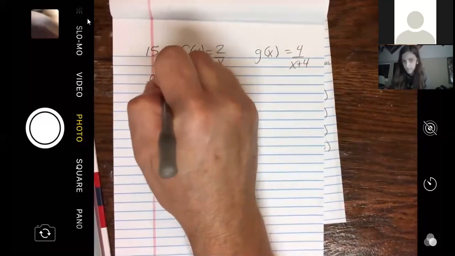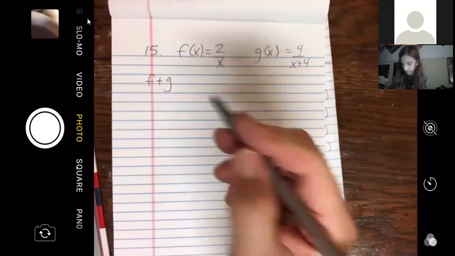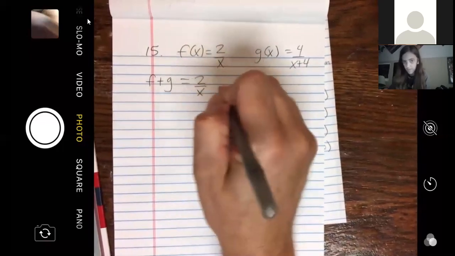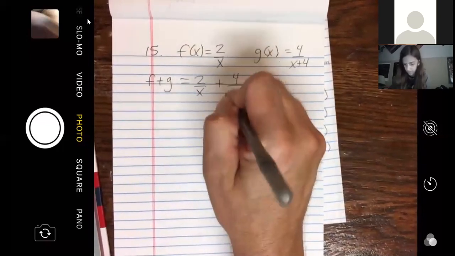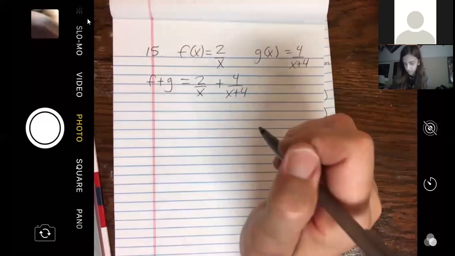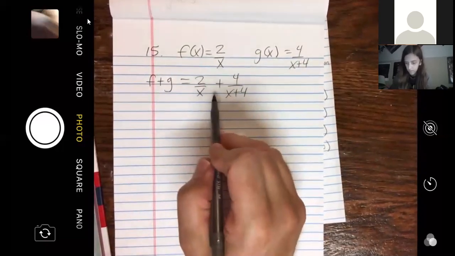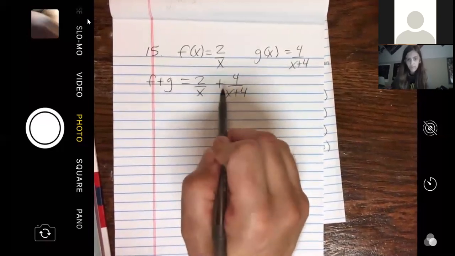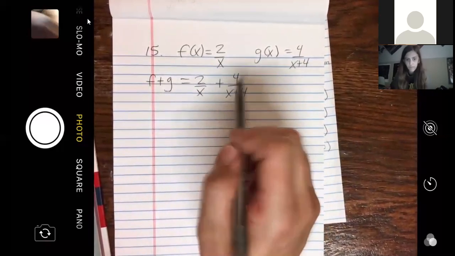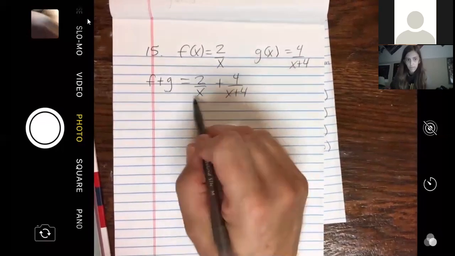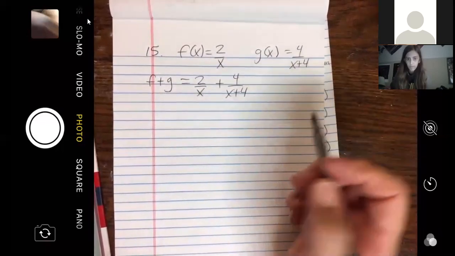So when I do f plus g, I'm just going to go 2 over x and add 4 over x plus 4. Now, that may not be the answer in the book. The book may get a common denominator and do that. That's fine, but I'm not going to make you do that.